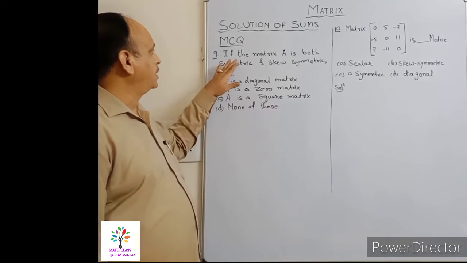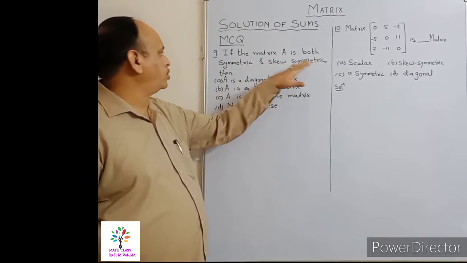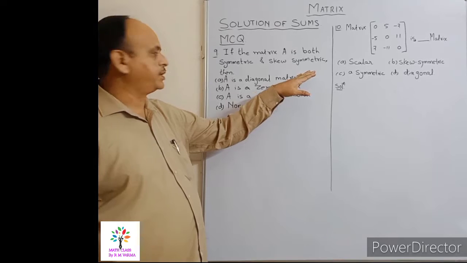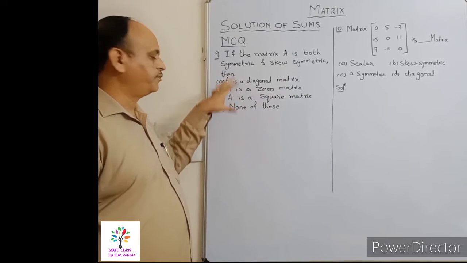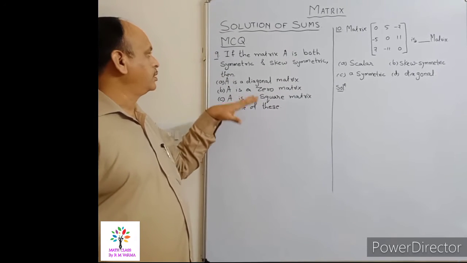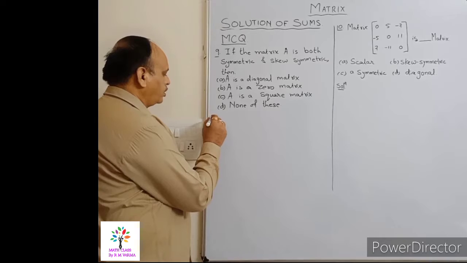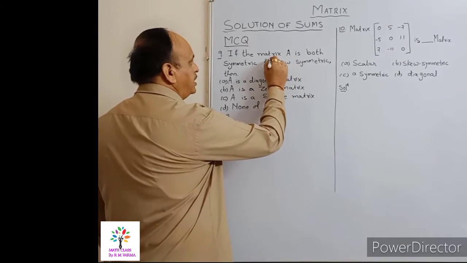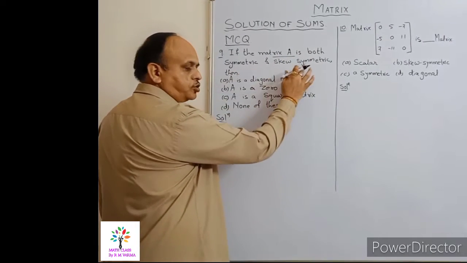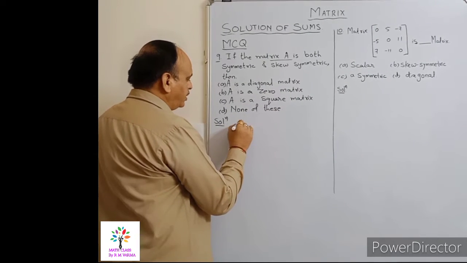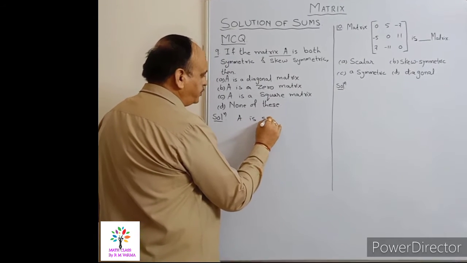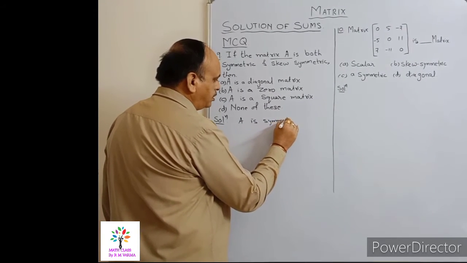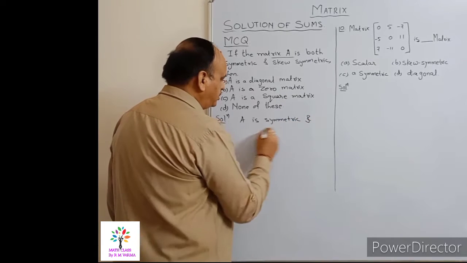Now, in this sum, if the matrix A is both symmetric and skew symmetric, then out of these four, which one is correct? So we are given matrix A, it is both symmetric and skew symmetric. That means A is symmetric and skew symmetric.